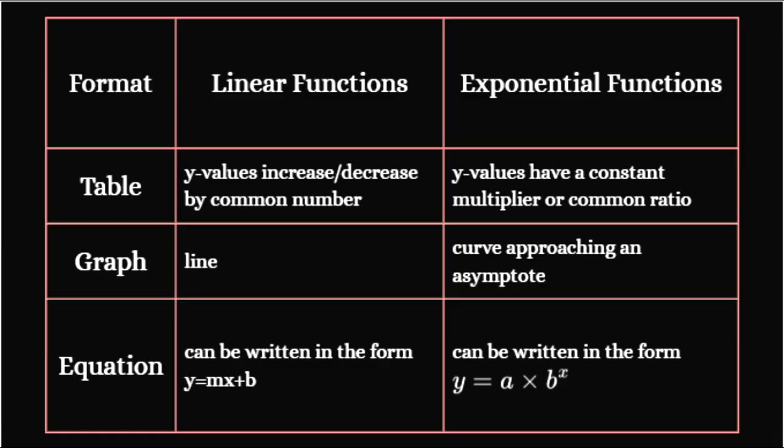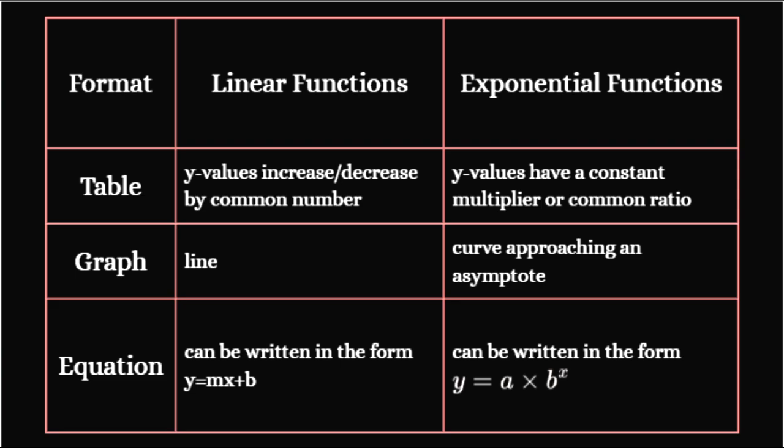On a table, a linear function has y values that increase and decrease by a common number, and it's just the same number all the time, whereas exponential functions have y values that have a constant multiplier or a common ratio. So they get multiplied by like percentages to make that J shape, where linear y values just increase or decrease, like add, subtract.